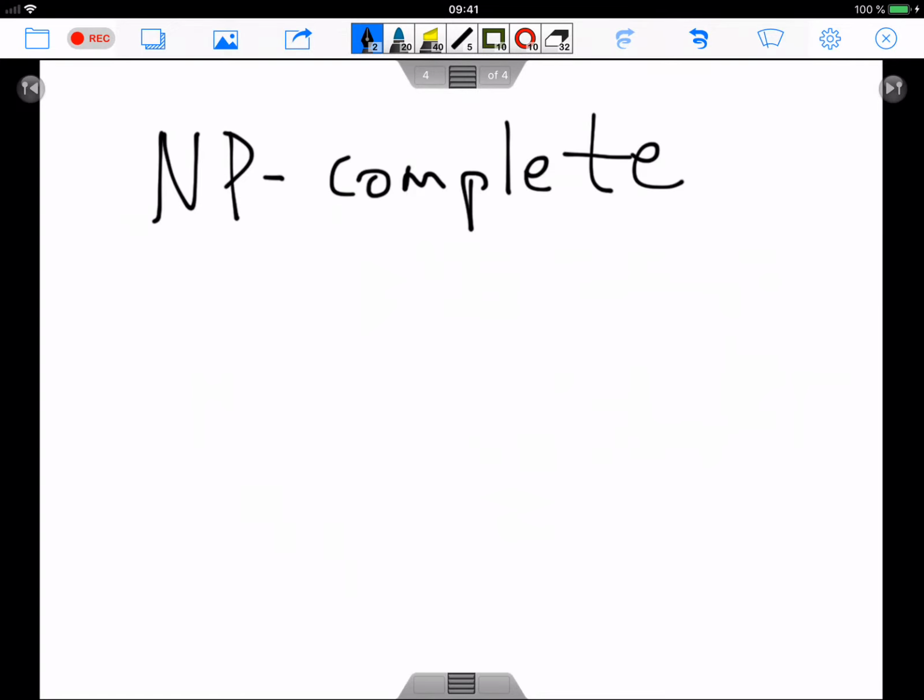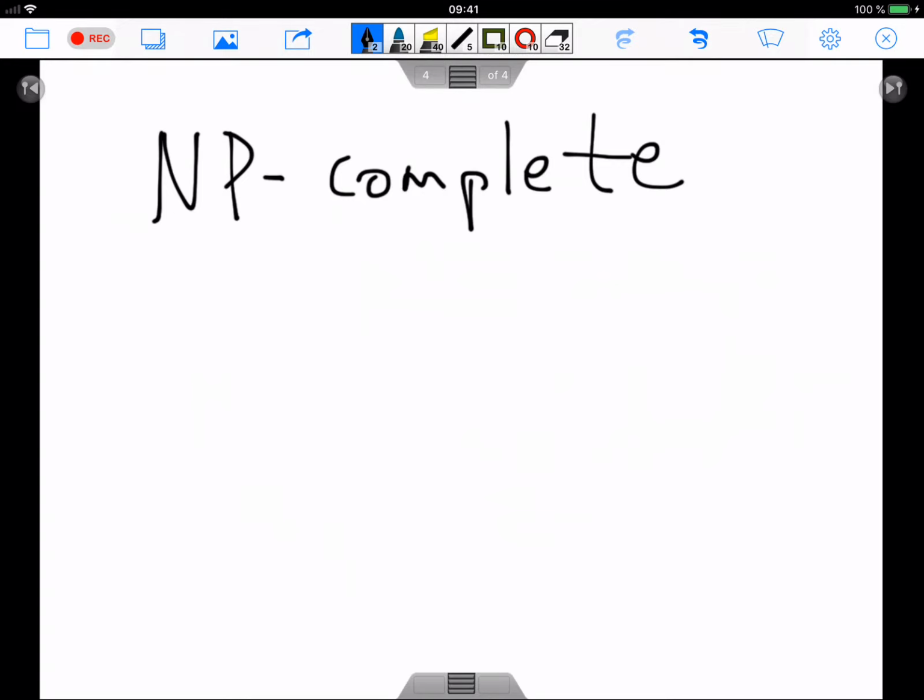So these are problems that are in NP, and they are such that any other problem in NP can be reduced to this problem in order to solve it.